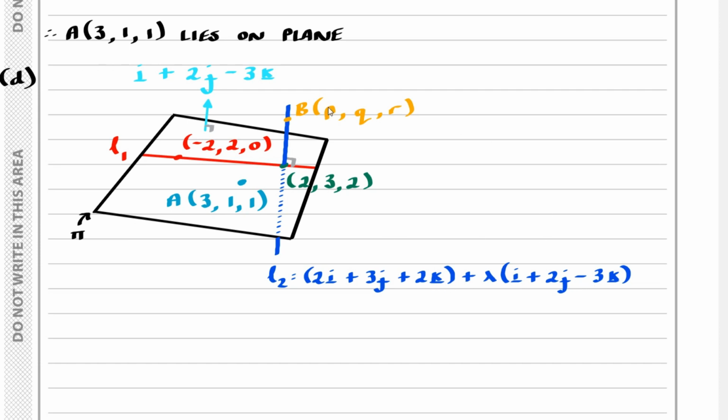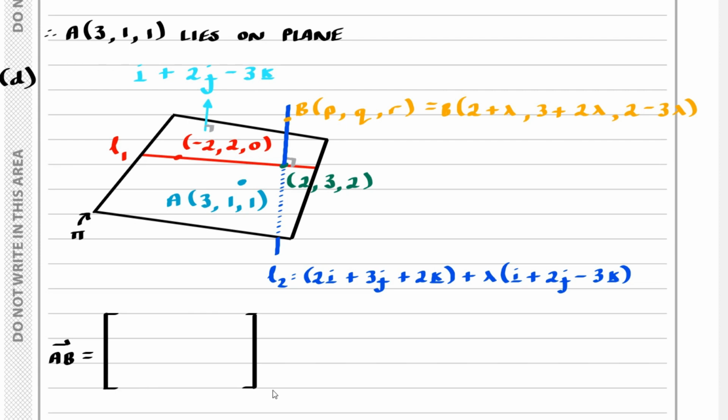And if that's the case, then we can find out what the coordinates of B are in terms of lambda. You can think of this as going from the point (2, 3, 2) to some general point, which means then B would have coordinates (2 plus lambda, 3 plus 2 lambda, 2 subtract 3 lambda).